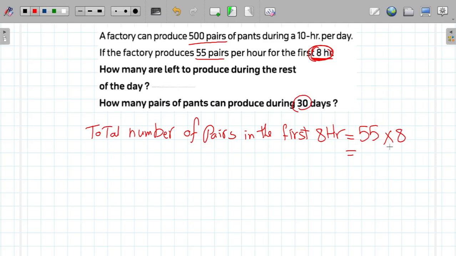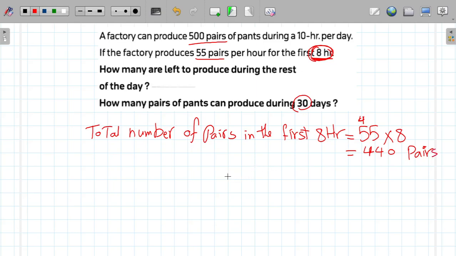So it will be 5 by 8 equals 40. So I have 0 and carry a 4. After that, I will multiply 8 by 5 equals 40, and 40 plus 4 equals 44. So I have here 440 pairs in the first 8 hours.